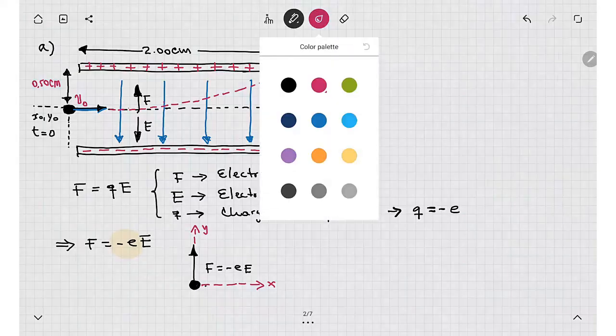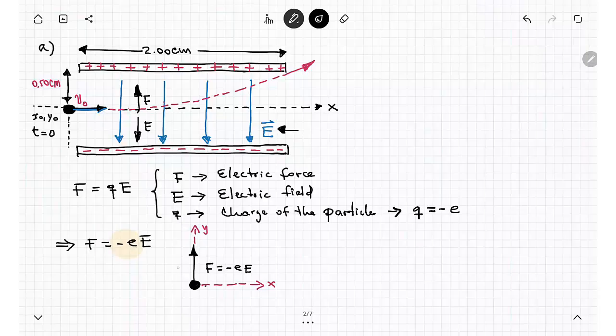The acceleration of the electron is this vector right here, okay?